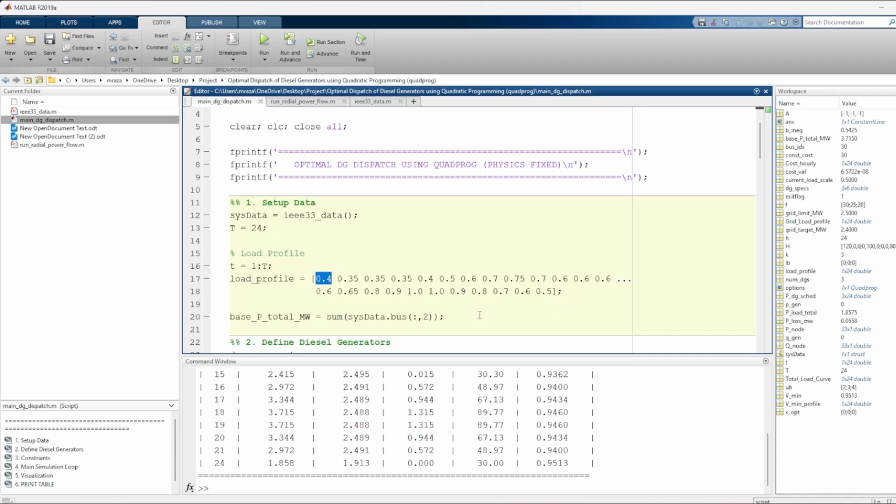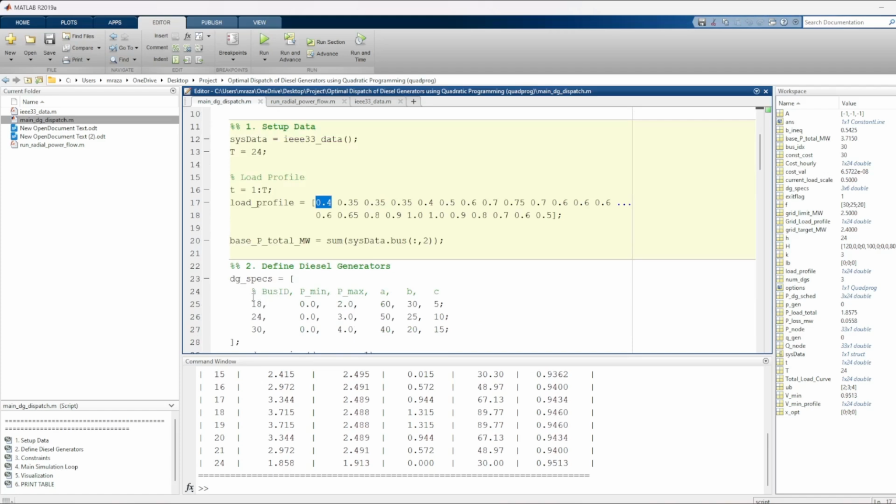And next we have DG specs. Here we have mentioned the location of the diesel generators. This is the minimum and maximum power that each can deliver, and here are A, B, C. These are the cost coefficients for the diesel generators.